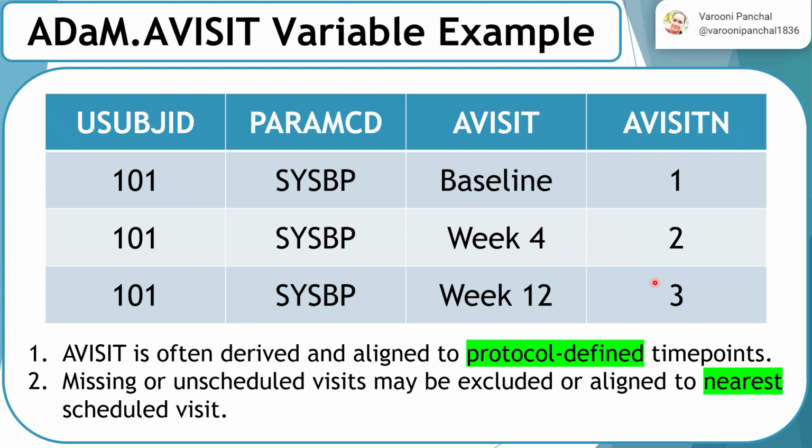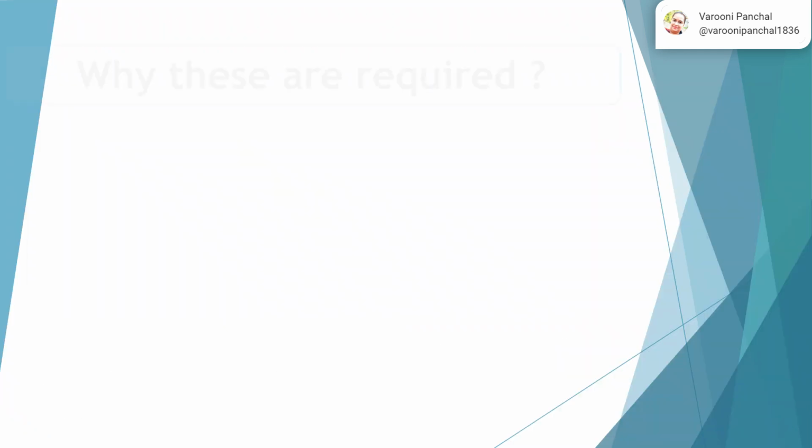You will have the date and time as well, so you can sort according to the visit date and visit time. In that scenario you can pick up whichever is the nearest scheduled visit. Those kinds of scenarios you will see whenever you work on the ADaM.AVISIT.